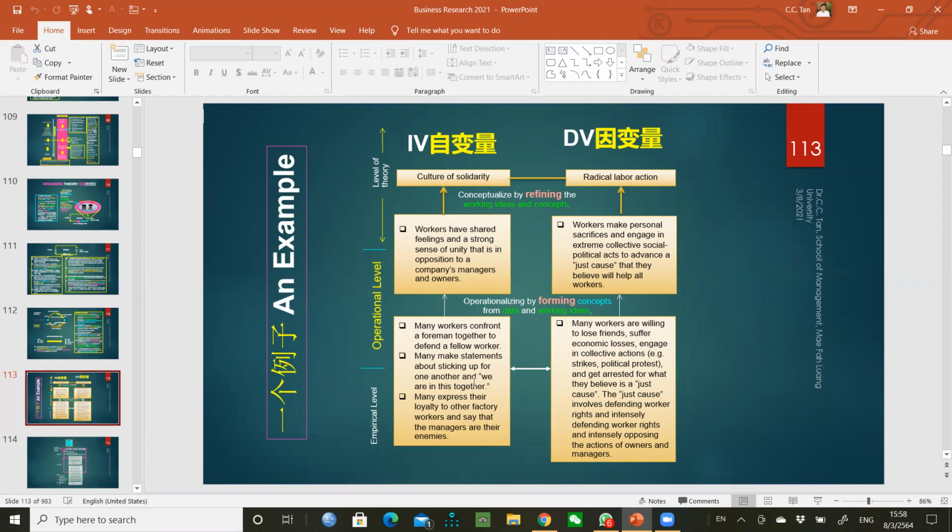You also observe many making statements about sticking up for one another. All the different workers are sticking up for each other, saying we are in this together. So we are seeing some kind of bonding, and this is where we start to form some shape of what we are looking for.